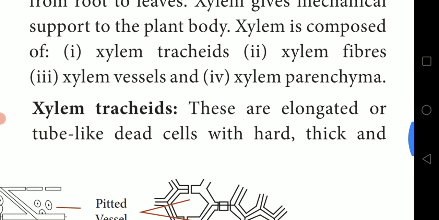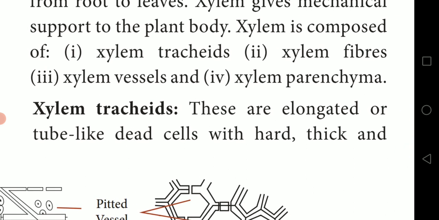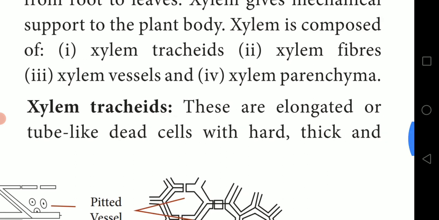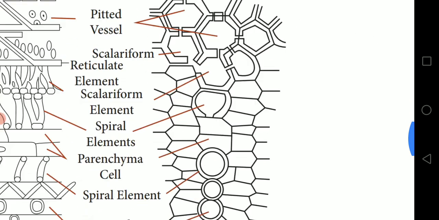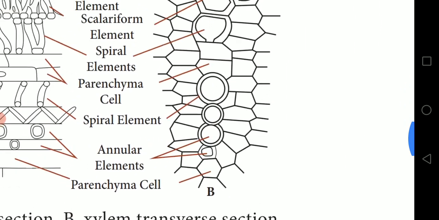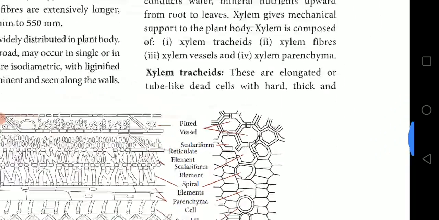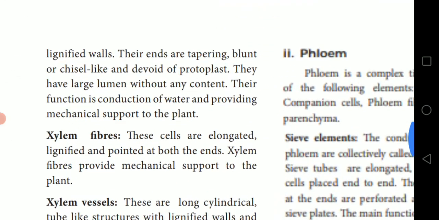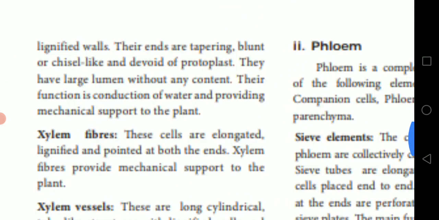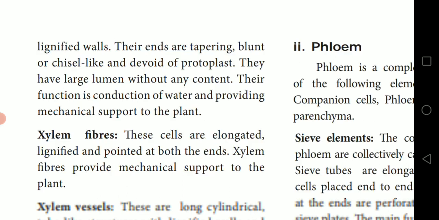Xylem tracheids. These are elongated, tube-like dead cells with hard and thick lignified walls. What do you mean by lignified walls? They become woody-like structures; that is what we call lignified walls.